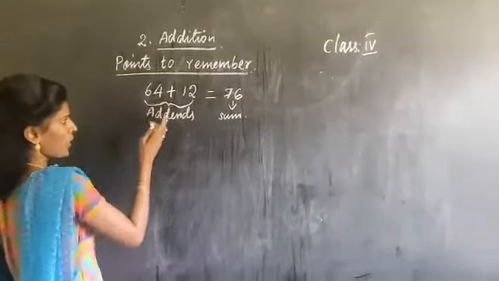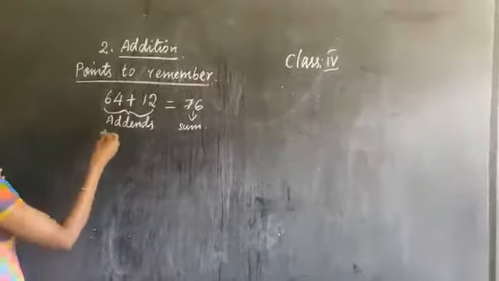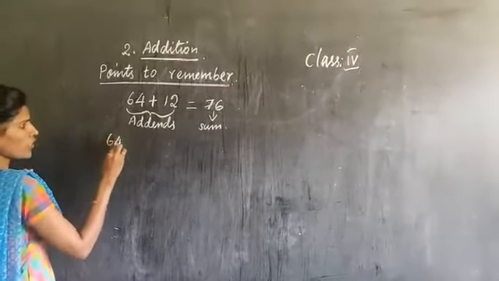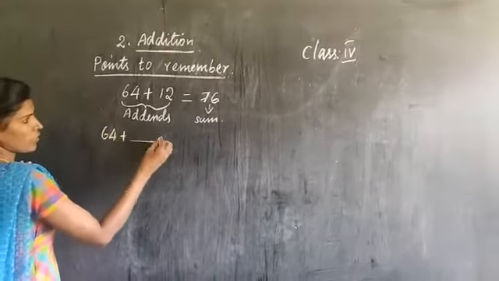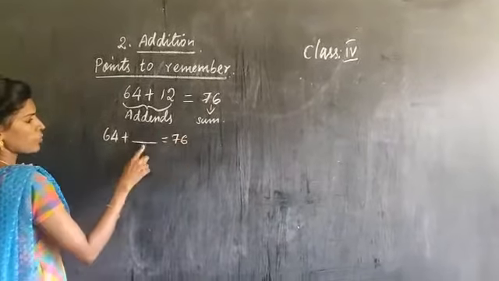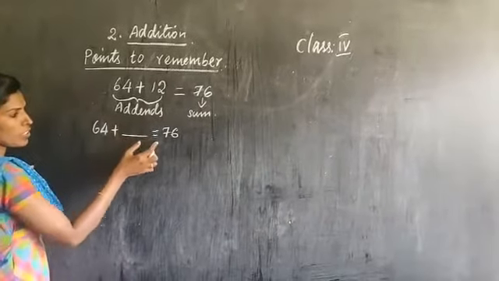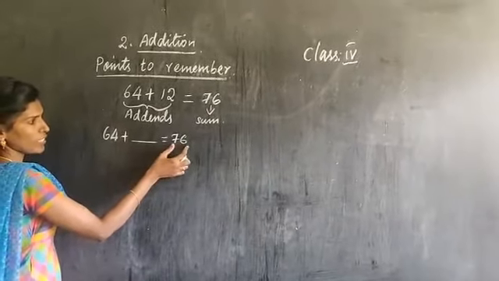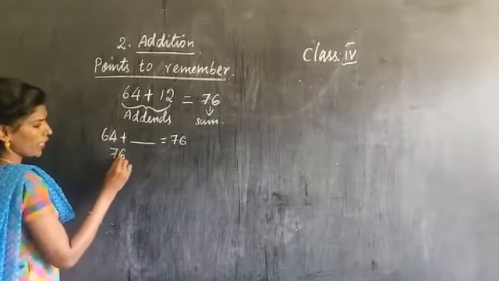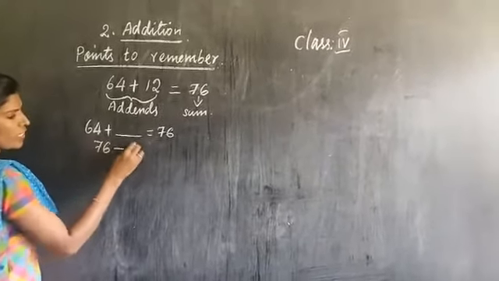Suppose any one of the addends is missing. Now 64 is there and 12 is missing. The next addend is missing. To find the missing addend, from the sum you subtract the given addend. The given addend is 64.